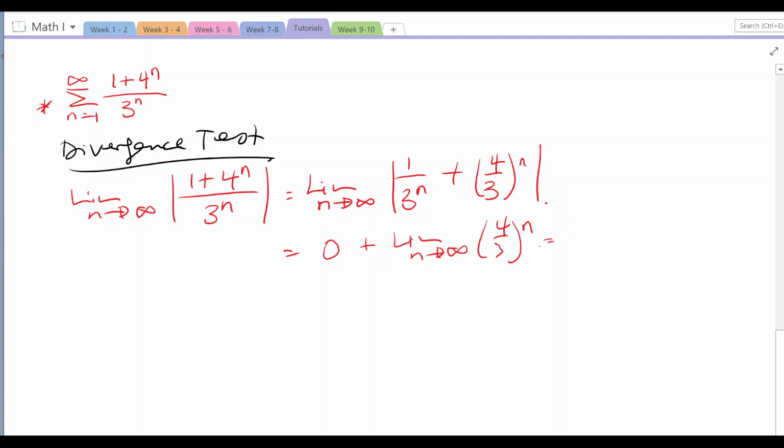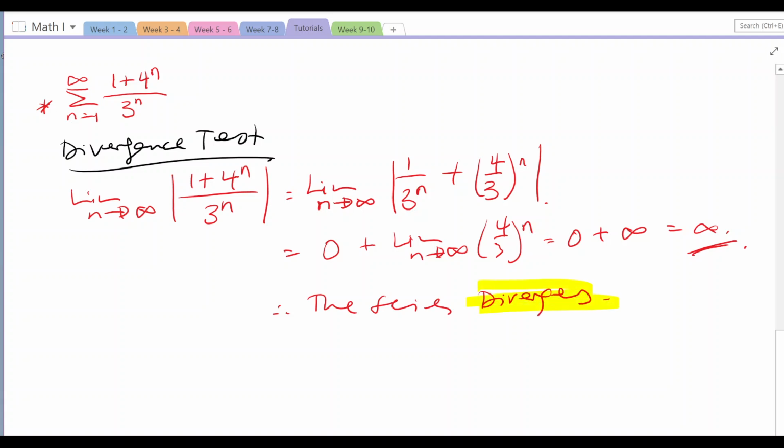So 0 plus infinity is simply infinity, and therefore based on the divergent test the series diverges. If you do a root test, or sorry, a ratio test, you will get the same thing, that the series diverges. Okay, that's for now.